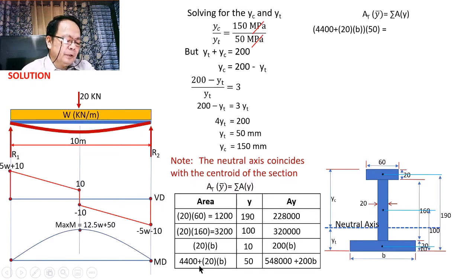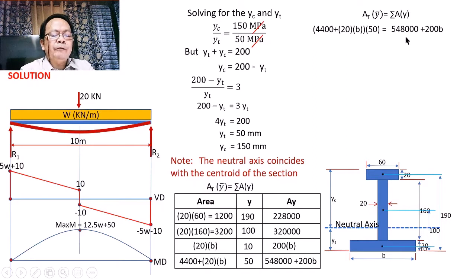Diba? 4,400 plus 20b multiplied by a bar sub y, representing the location of the centroid from the reference axis, and because the centroid is located at the neutral axis, that becomes equal to 50. Diba? Shall be equal to the summation of a multiplied by y, which is equal to this quantity, 548,000 plus 200b. If this will be substituted here, so you have here 548,000 plus 200b.